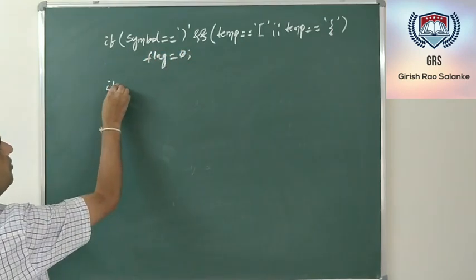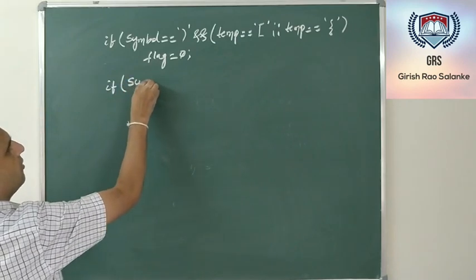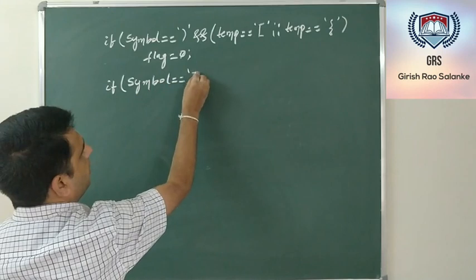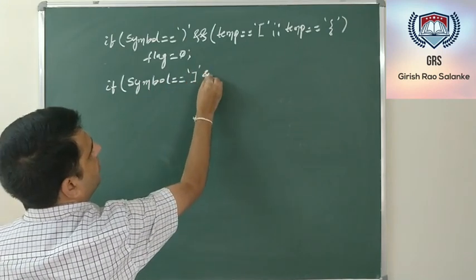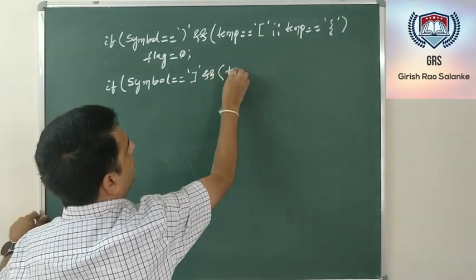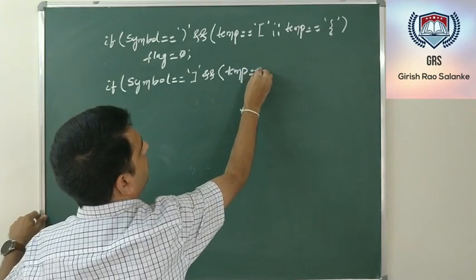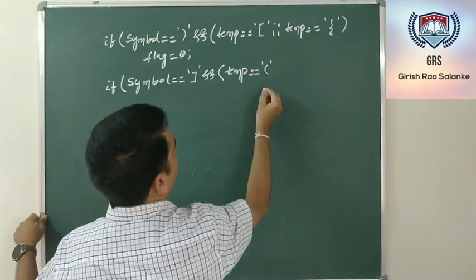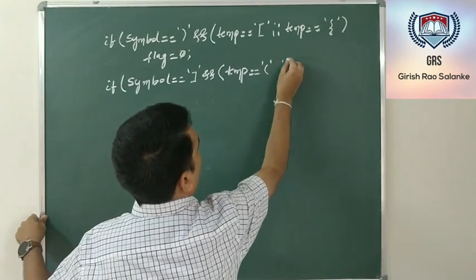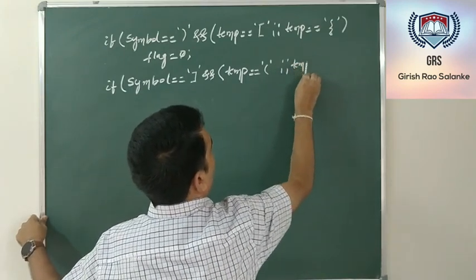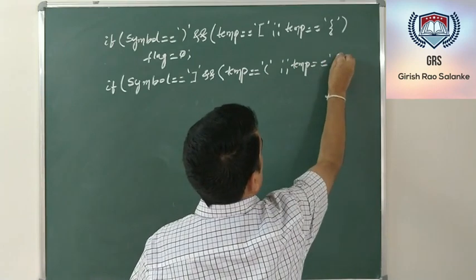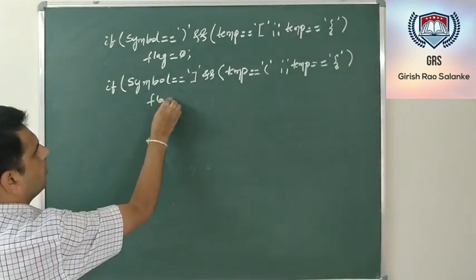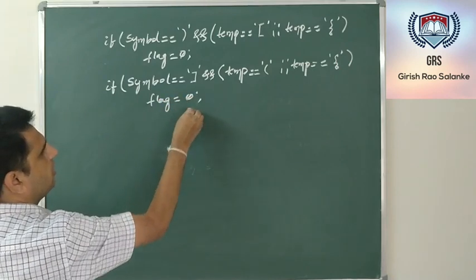Now repeat the same thing for the other two characters. If the scanned symbol is equal to a right angle bracket and the popped element is not its counterpart, that is, if it is a left parenthesis or if temp is equal to a left flower bracket, even in this case flag is set to 0.